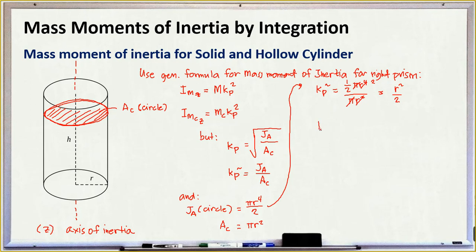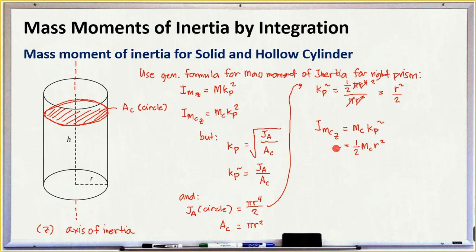Next, solving for the mass moment of inertia of this cylinder along the z-axis is equal to, again, the mass of the cylinder times its radius of gyration square. So the radius of gyration is r squared over 2. So we have 1/2 mass of the cylinder times the given radius square.